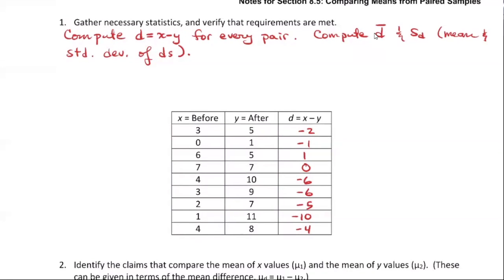Okay, now, so you're actually going to do a hypothesis test on the differences. And so remember, we always need a mean and a standard deviation.